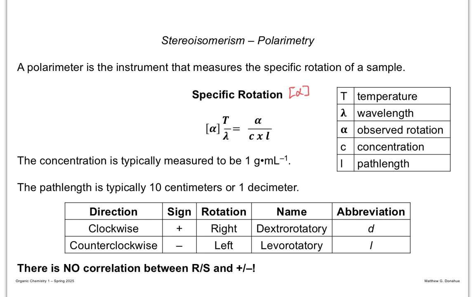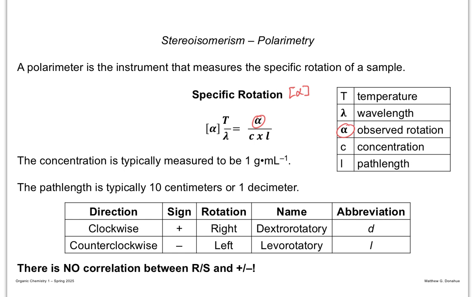Lambda is the wavelength of the light. And so that's equal to this alpha here, your observed rotation. And then it's normalized by the equation shown, where you're dividing by C, which is the concentration, times L, which is the path length of the cell.